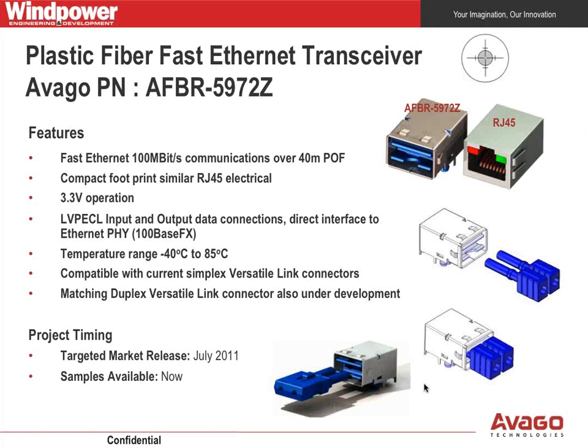So this device is released now, and it offers 3.3 volt communication. It communicates directly to industry standard physical layer ICs, offers a broad industrial temperature range, and it leverages the work that was done with Hewlett-Packard back in the 80s with the versatile link connectors. It uses that same connector scheme.